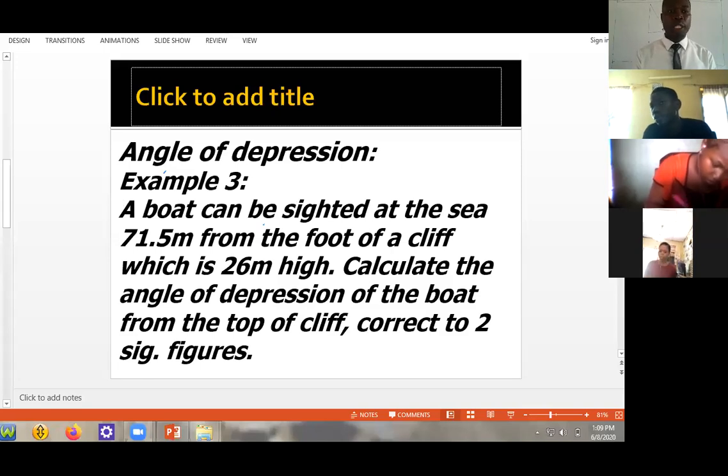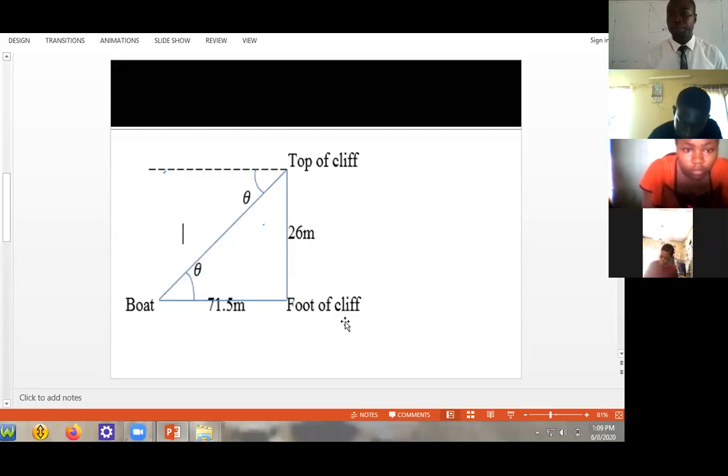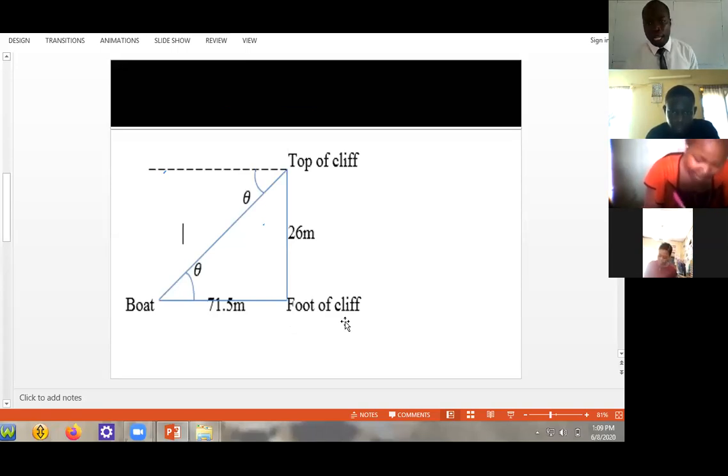Let me show you the diagram so that you compare it with my own. Can you see my diagram? We can see it now. You will see the foot of the cliff, the height of the cliff, and the boat. Then 71.5, and the height of the cliff is 26 meters. And what you are looking for is theta.